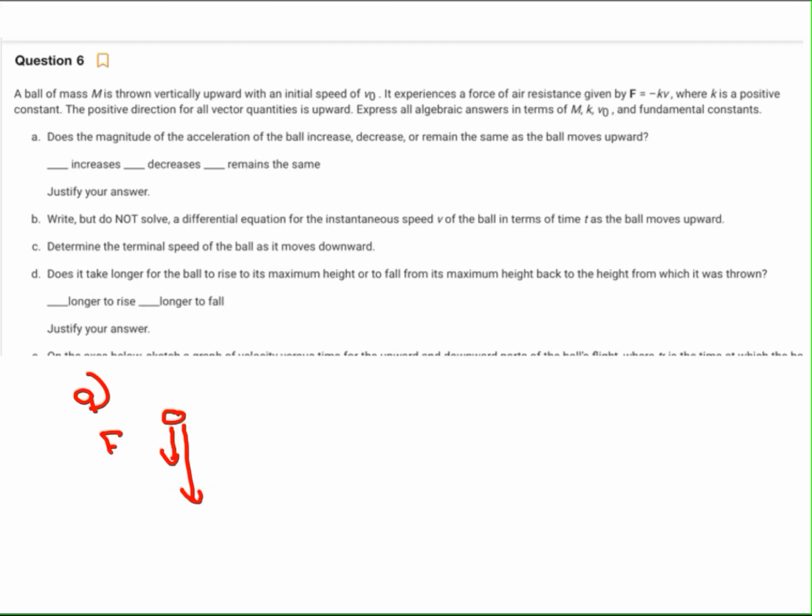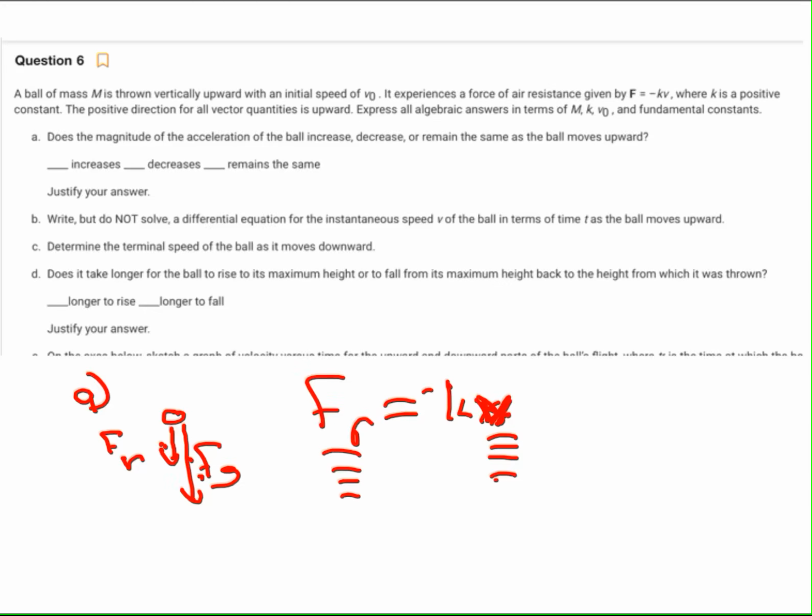the force acting against it, the air resistance, so we'll call it force R, like the last question did, and force gravity, are both acting in the same direction. Now, we know that Fr is based on kv, right? Negative kv. So, as v gets smaller, R gets smaller.